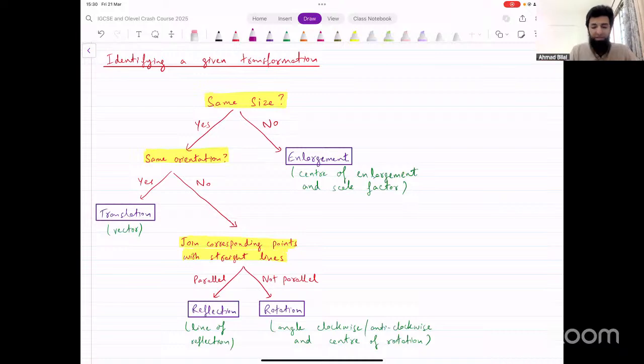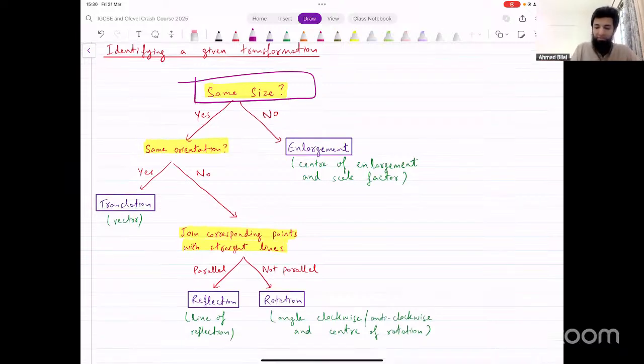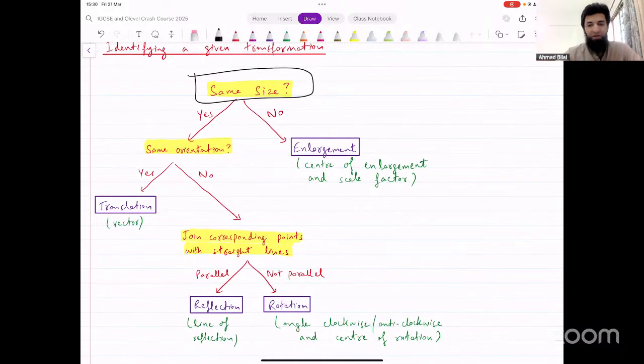The first question you ask yourself is, do both the figures have the same size? The original figure and the transformed figure, are they the same in size? If the size is changing, then the only possibility is that it is enlargement, right?